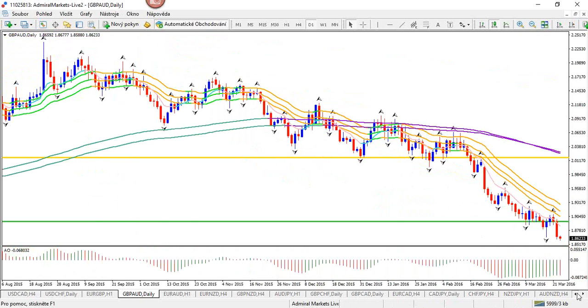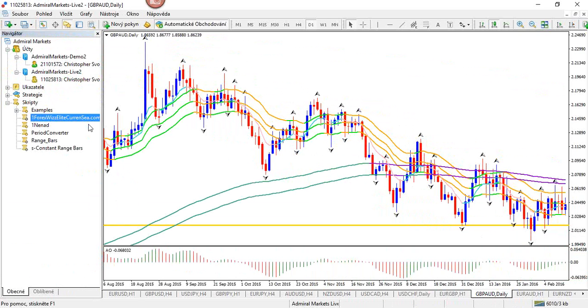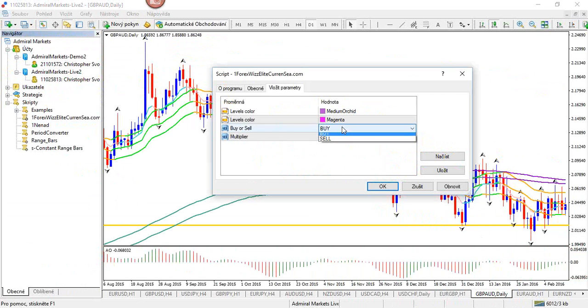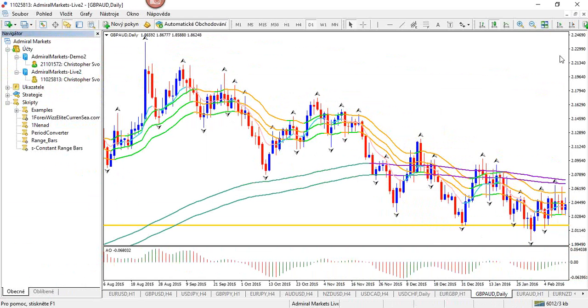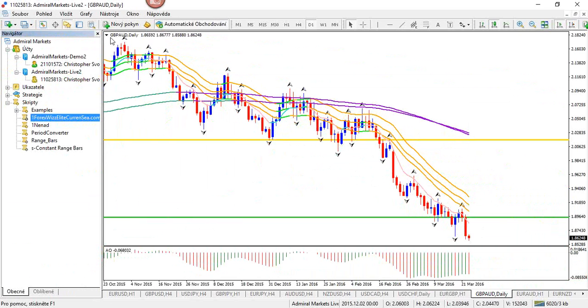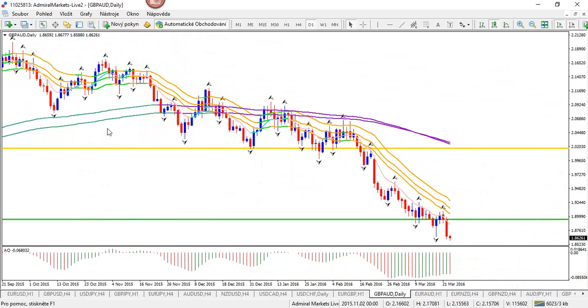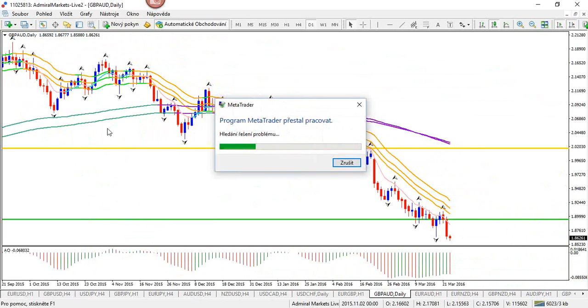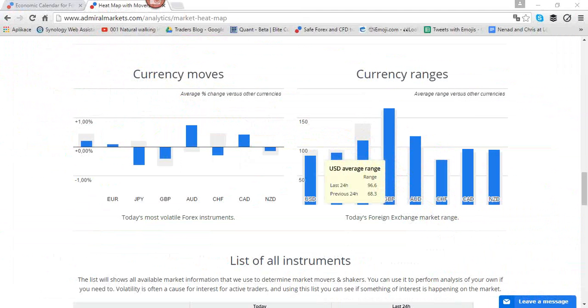Let's see if we put Fibonacci sequence levels on it. Let's use. Sorry, that tool, the script is causing a problem. Let me reopen that.